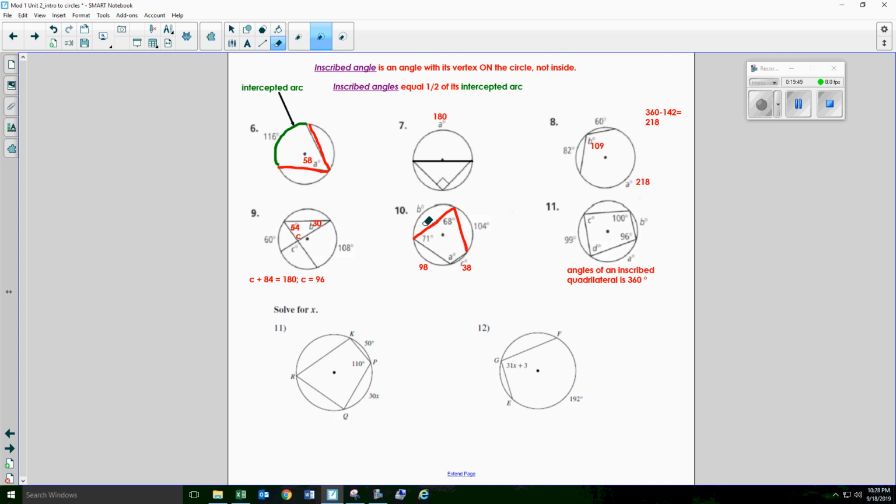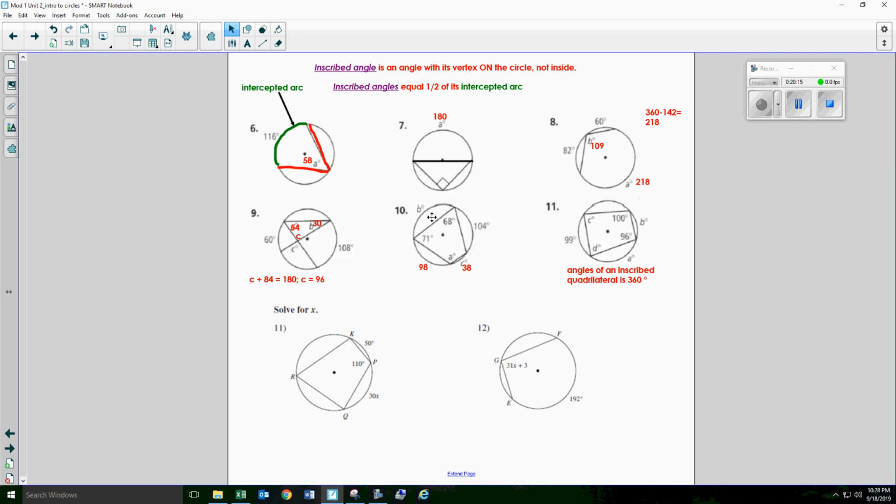Okay. So now, notice I have this arc plus this arc plus this arc. The only arc left that I haven't done yet is B. Well, don't forget, all the arcs combined together is 360 degrees. So I could say B plus 104 plus 38 plus 98 adds to 360 for the full circle, and get B that way.